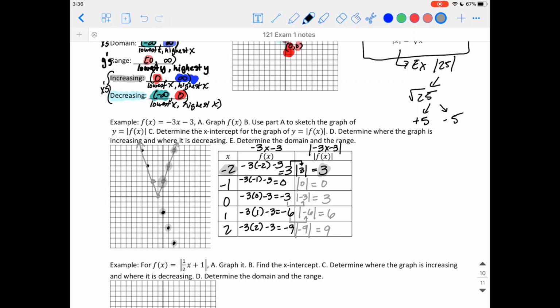Part C says determine the x-intercept. As a reminder, the x-intercept is the point on the graph that is on the x-axis.